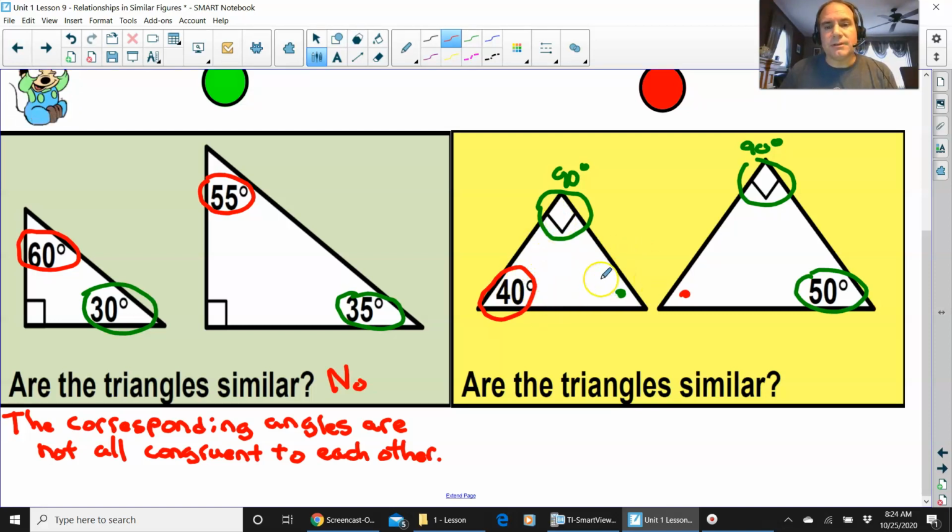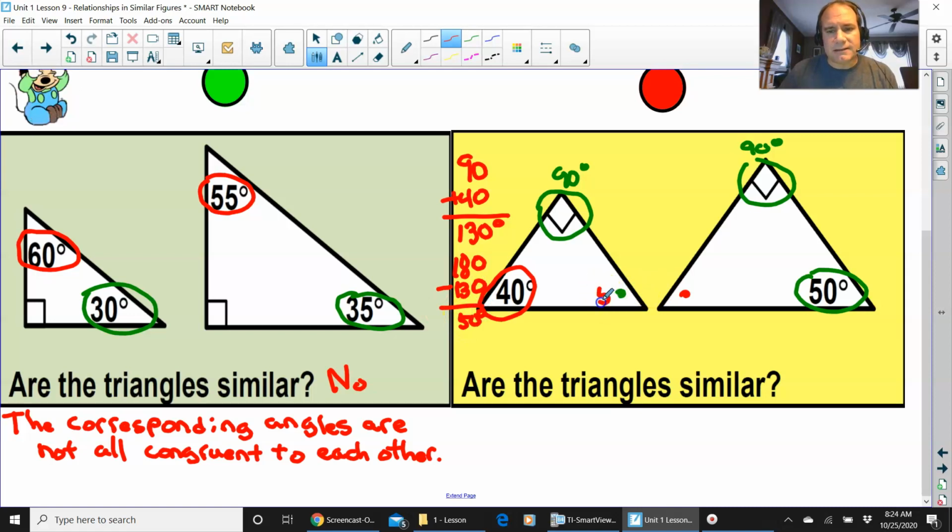So what I'm going to do is solve for this interior angle, and let's see where that leads us. If this is 50 when I solve, that's good enough, and we could call these similar. So I'm going to do 90 plus 40, because all interior angles of a triangle equal 180 degrees. 180 minus 130 is 50 degrees.